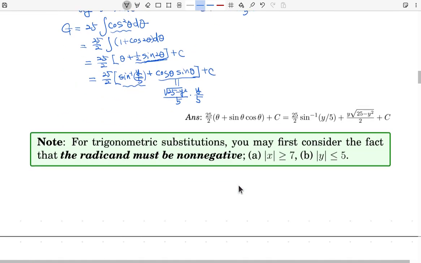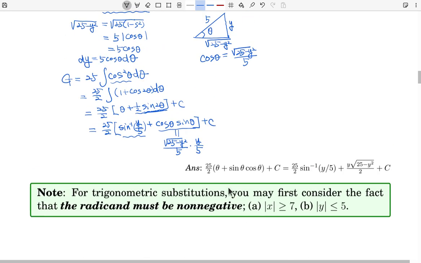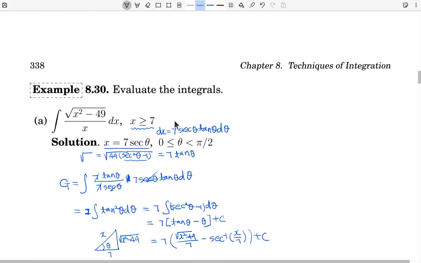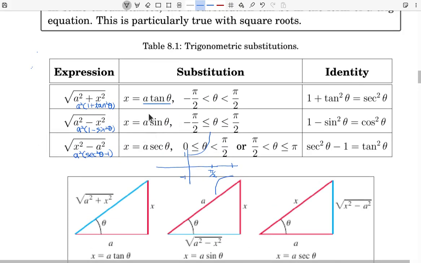Now here we have a note for trigonometric substitutions. You may first consider the fact that the radicand must be non-negative. Earlier we considered that when you use the substitution, x can be any number, so we choose tangent.